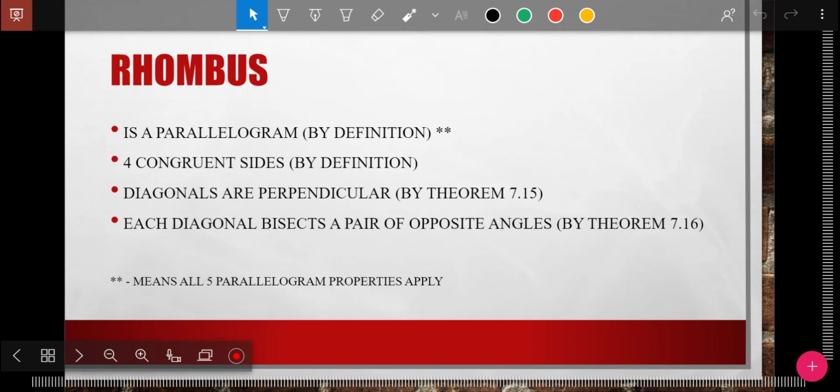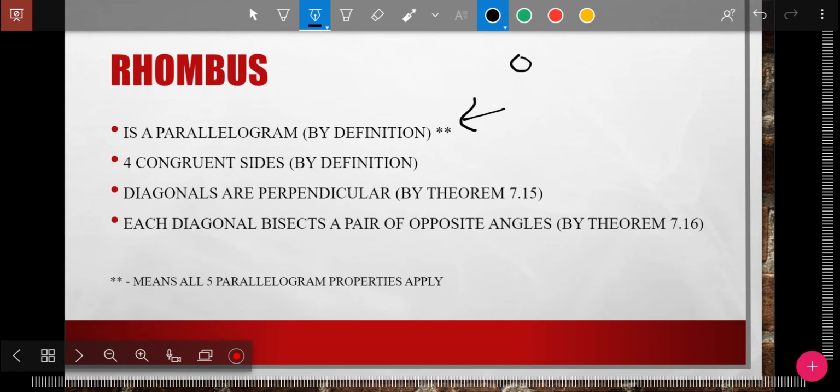So what are the rules of a rhombus? Now, there's 4 things written here, but I would argue that there's 8 rules to a rhombus, because anytime it says it's a parallelogram, which is what it says right here, that is really 5 things.